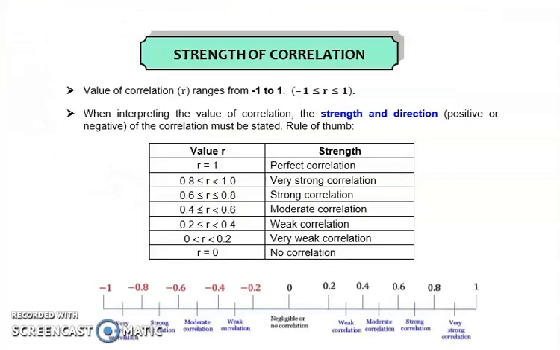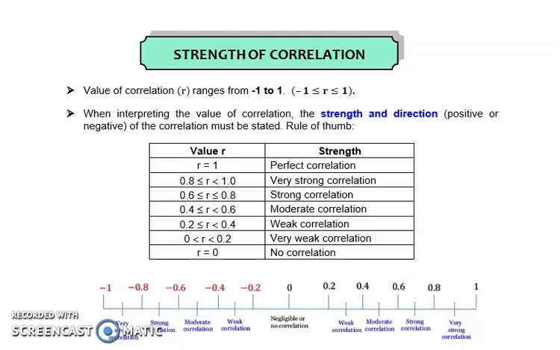Okay, now let's move on the strength of correlation. So just now we said that in the definition, we need to know the strength of the correlation as well. Okay, strength here means that either it is perfect or strong or moderate or weak, or maybe there is no correlation at all between the two variables.